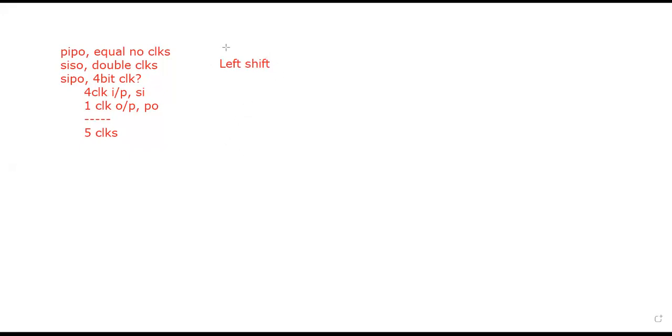So left shift, say it is 4-bit or say 3-bit left shift. It is described as serial in, parallel out, but we generally prefer to draw serial in, serial out. It would be an easy, convenient option for us.